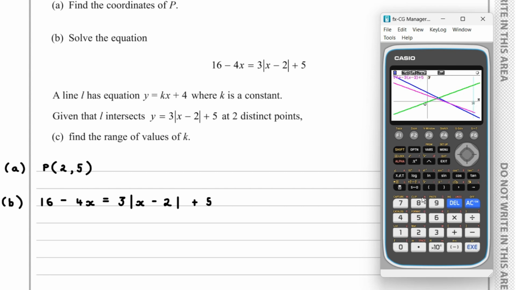So let's draw all of these. Well, clearly the pink line intersects the modulus graph here and gives us a negative y value, whereas the green line gave us this original intersection point.